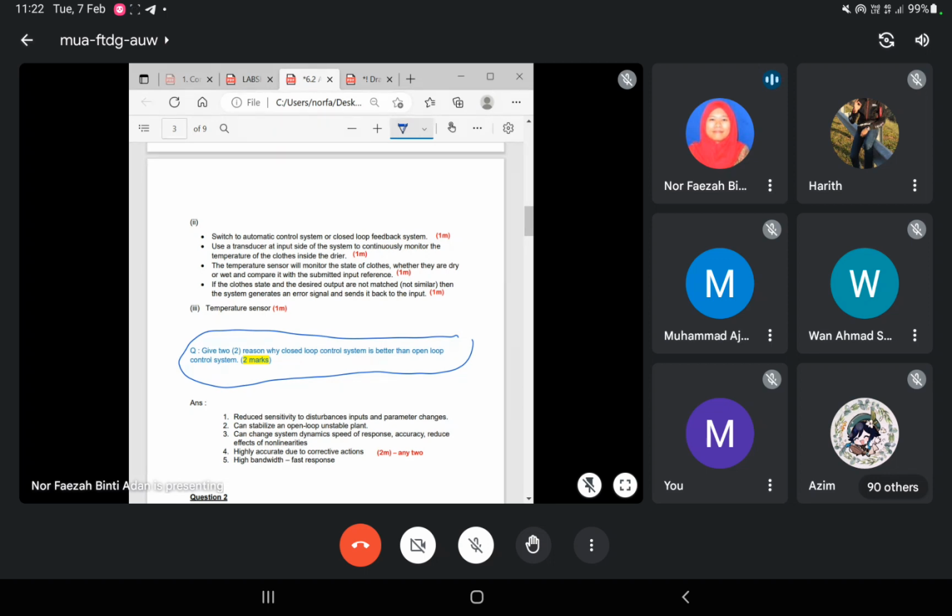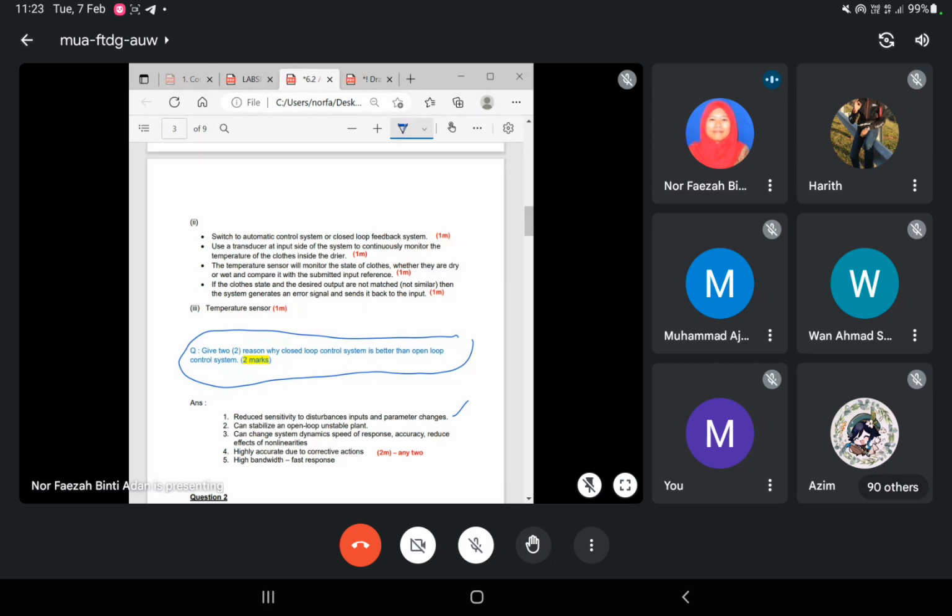So why closed loop control system is better? First kali, reduce sensitivity to disturbances, inputs and parameter changes. Why? Because it continuously try to fix the error produced by the system. So if there are disturbances, the system will identify that through the error signal produced.